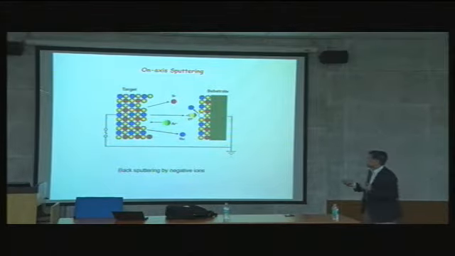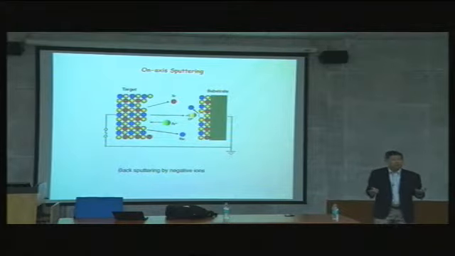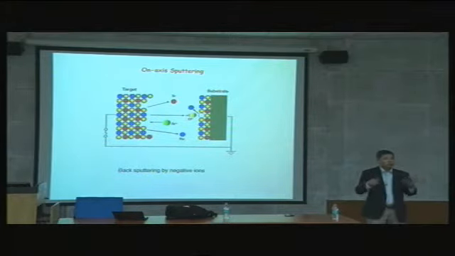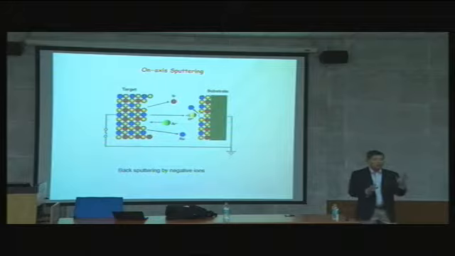So when you do sputtering initially, most people sputter metals, and a lot of people sputter in the pressure range of roughly 3 millitorr to 10 millitorr.